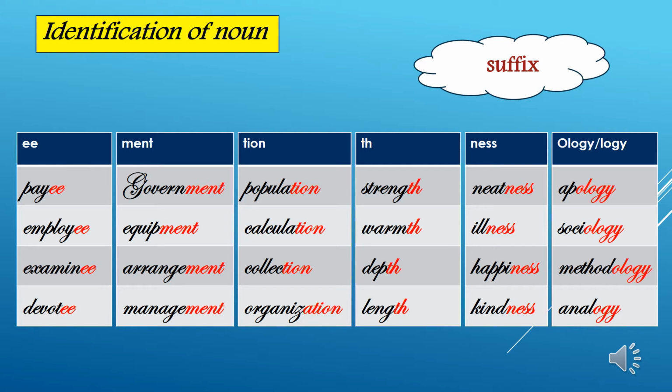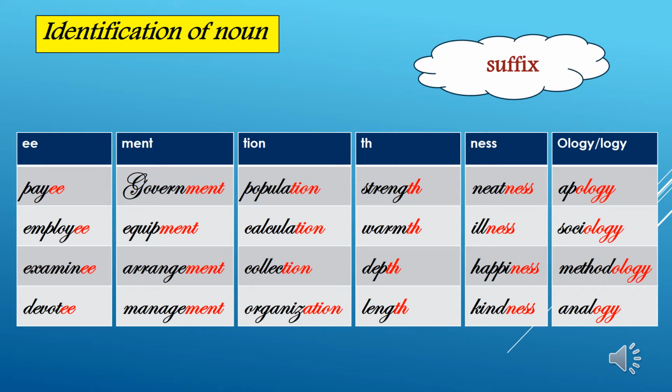Tion: population, calculation, collection, organization. So all these tion words always refer to nouns. Th at the end of a word, like strength, warmth, depth, length, this is a noun.